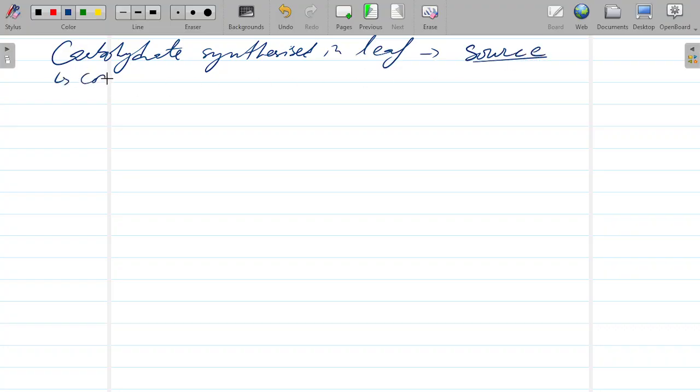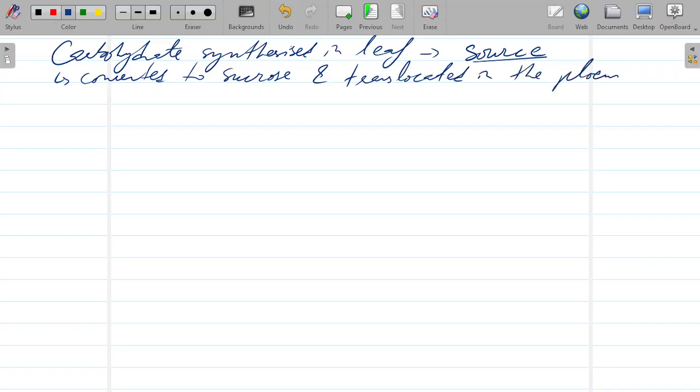It is converted to sucrose and translocated in the phloem to areas where they need it.